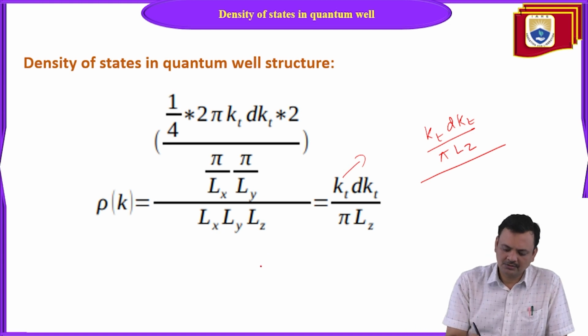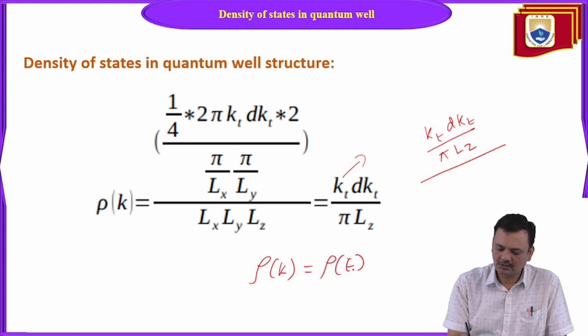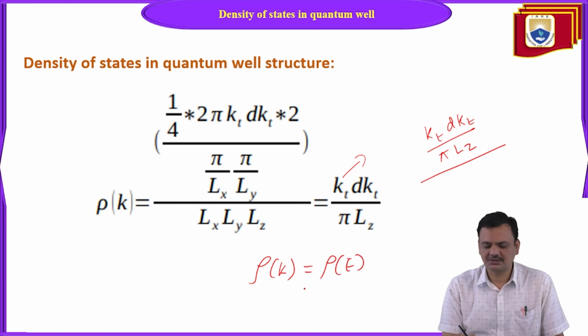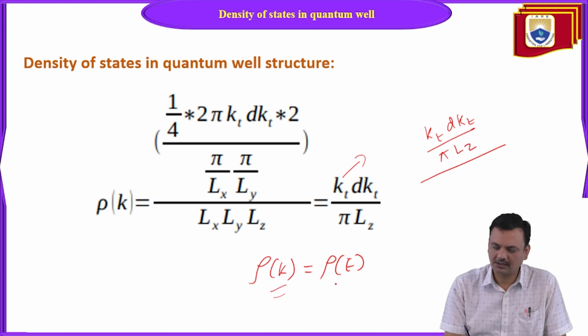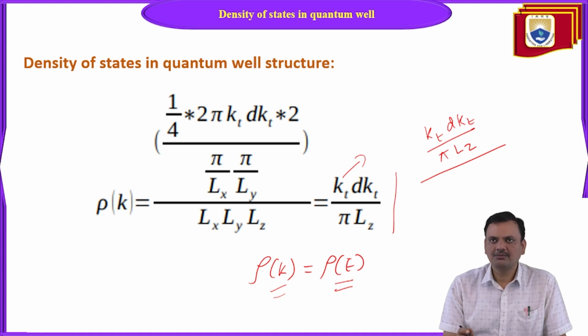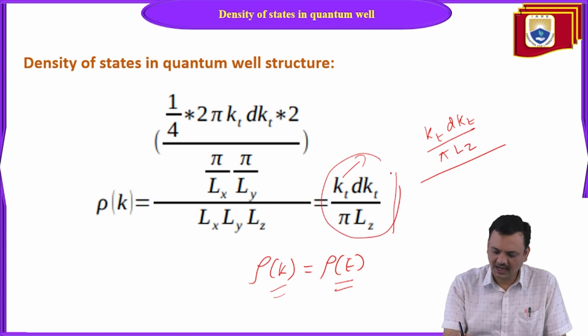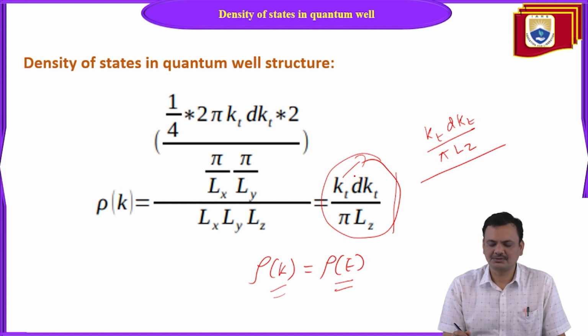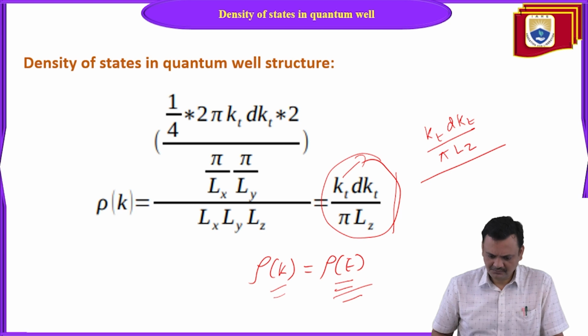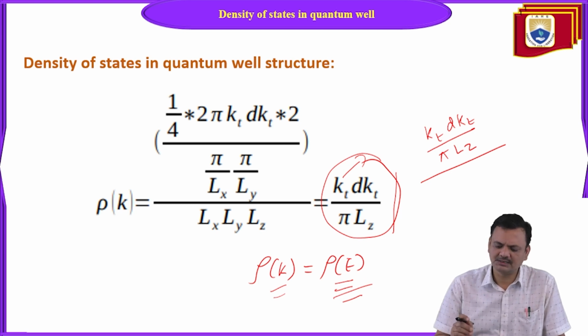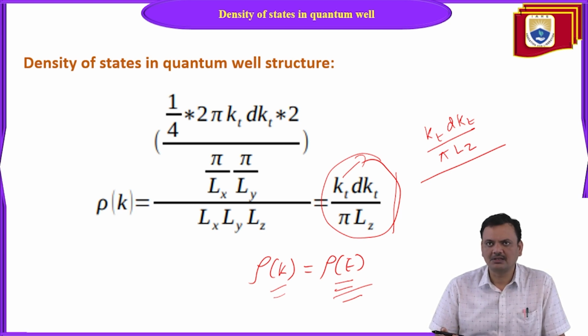You already know density of state rho k is equal to rho E also, meaning you can express the density of states either in terms of k or in terms of E. But generally, for derivation we use the wave vector k for deriving the density of states. Later, from this derived expression, we can get the density of states in terms of energy. So we will convert this expression in terms of energy also.